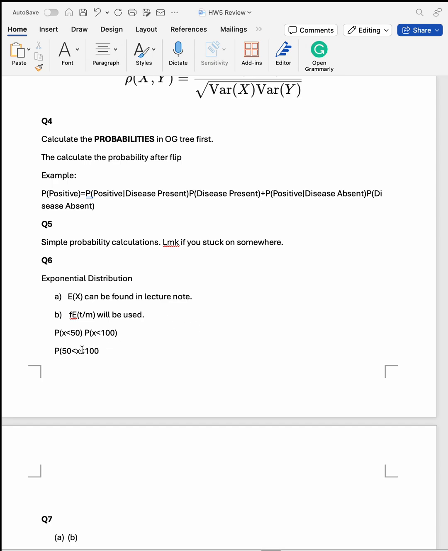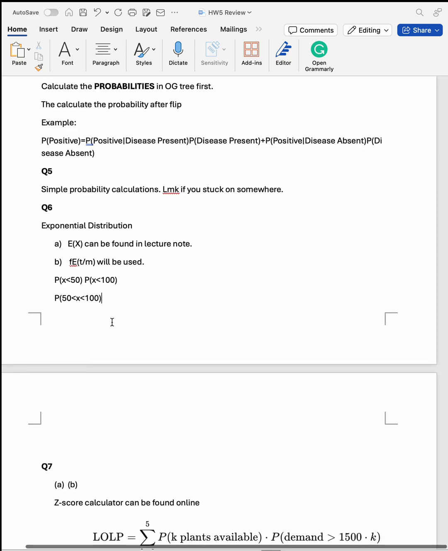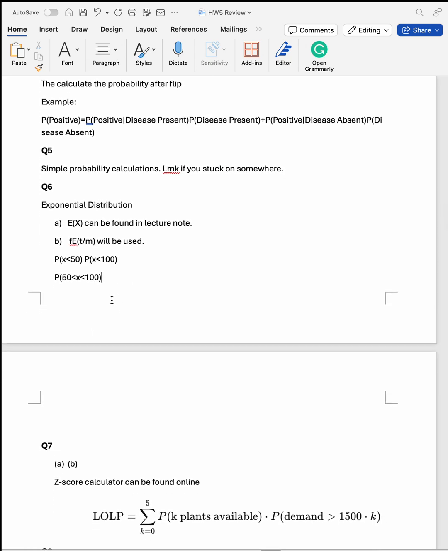By the way, both of these are smaller than or equal to; I don't know how to type that on my computer, so I'm sorry. But anyway, you will still use the same equation from here. It's just an integral of this equation.